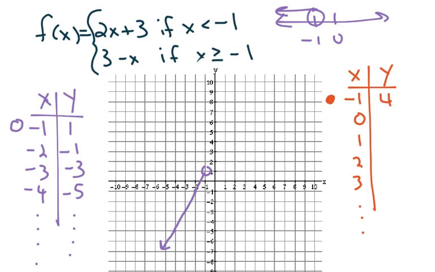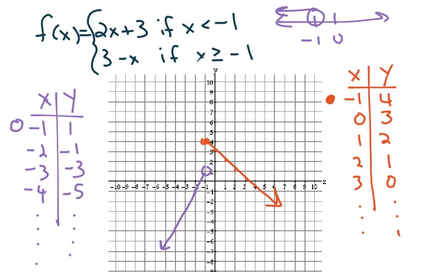Remember, those two negatives make a positive. 3 minus 0 is 3, 3 minus 1 is 2, 3 minus 2 is 1, 3 minus 3 is 0, and that's really all I need. So my first dot is at negative 1, 4, and it's a closed circle. Then I graph 0, 3; 1, 2; 2, 1; 3, 0, and the rest of the graph will go like this. And there's my piecewise function.